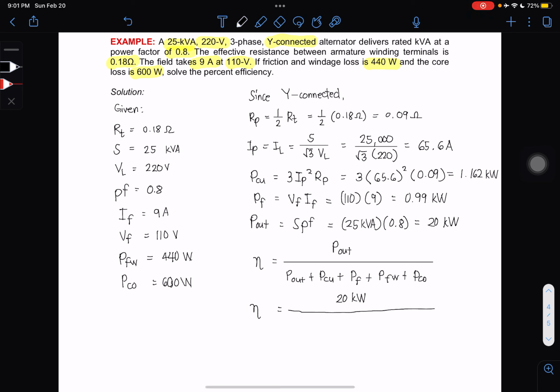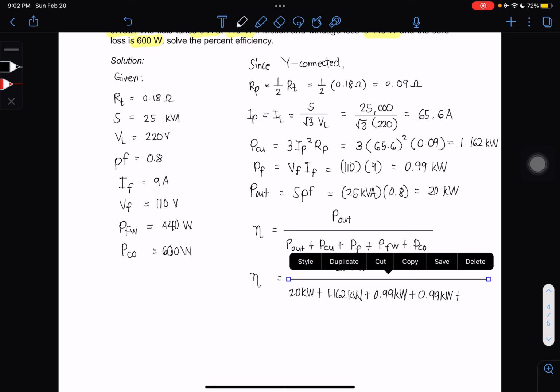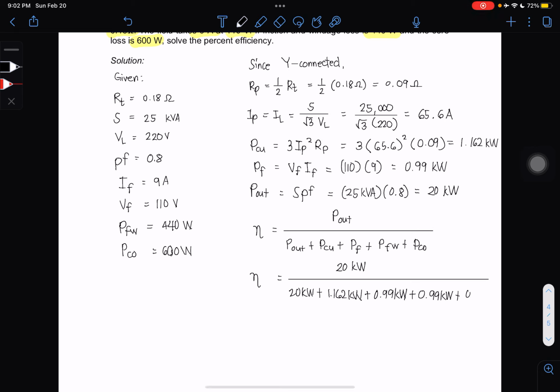And our P out 20 kilowatts plus our copper loss 1.162 kilowatts plus our field loss 0.99 kilowatts plus our friction and windage 0.44 kilowatts, and lastly our core loss, since it is in watts, we need to convert to kilowatts. So 600 watts is 0.6 kilowatts.